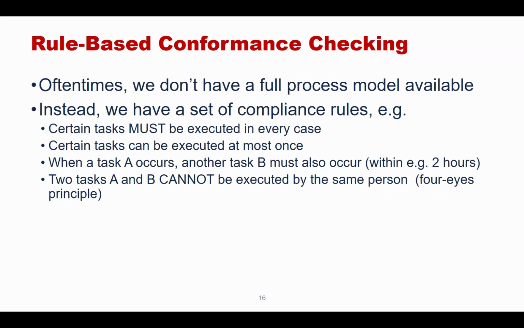So you will say there are certain compliance rules that we need to satisfy. For example, certain activities like emergency room registration must be performed for every case. Or some activities like intravenous liquid must not occur multiple times in the same case.